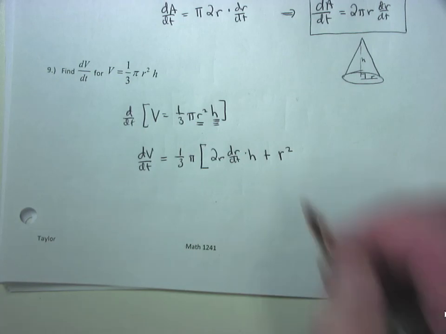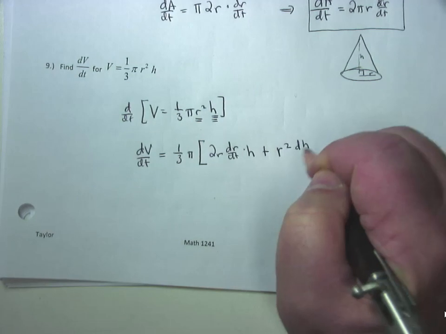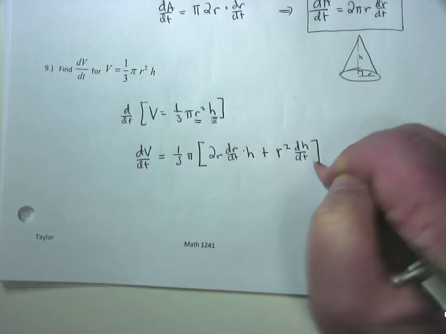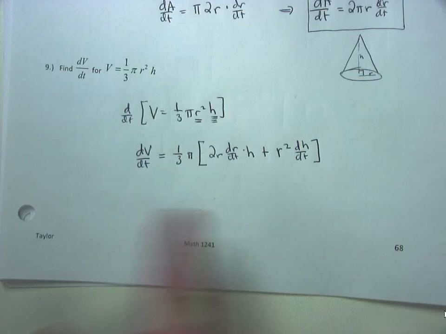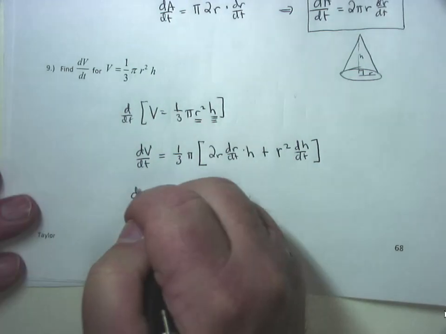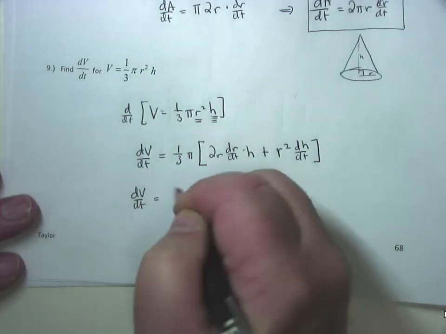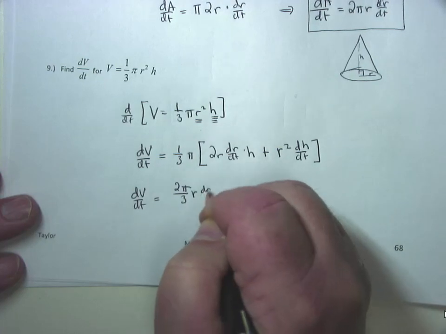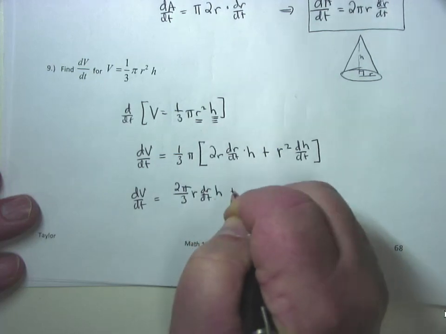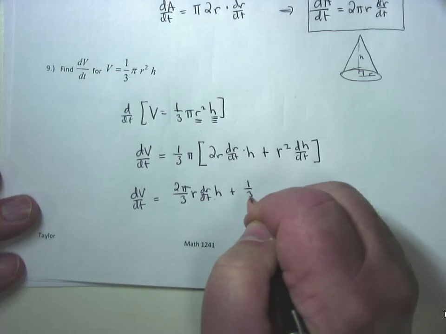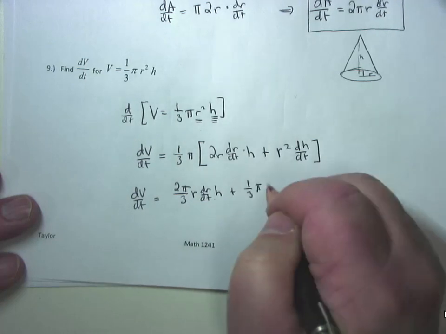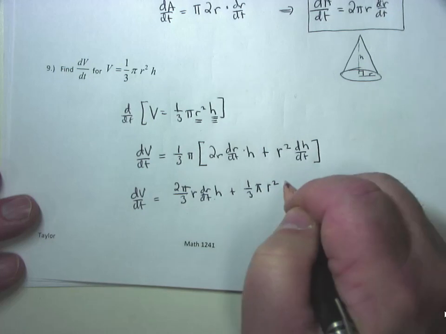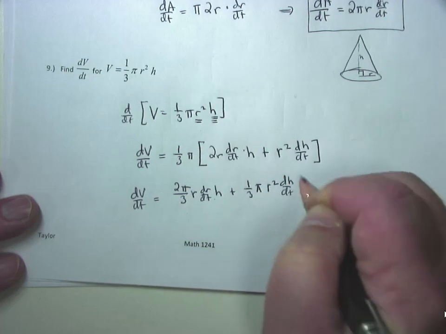But then you got to tack on that times dh over dt. And if you want to, you can distribute just to make it look good. And you got your equation. dv over dt is equal to 2 pi thirds r dr over dt times h plus 1/3 pi r squared times dh over dt.